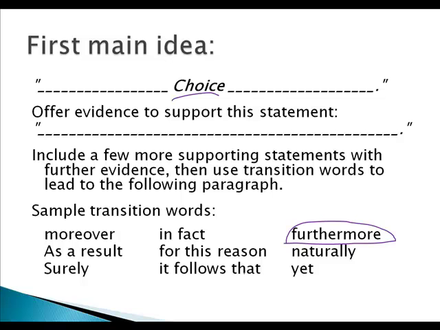The basics are only provided. And I could say, naturally, this does not allow Northern students to take the classes that they want to take for their post-secondary requirements. So that's an example for the first main idea.